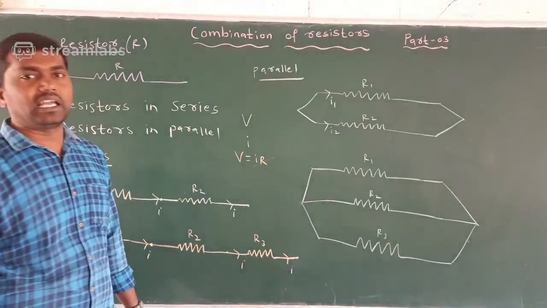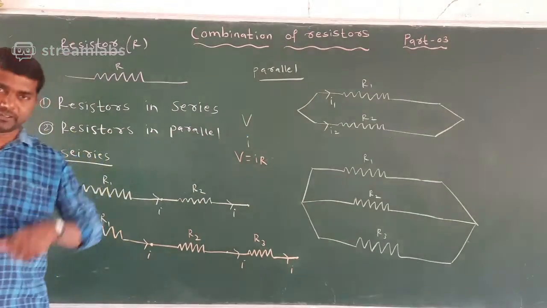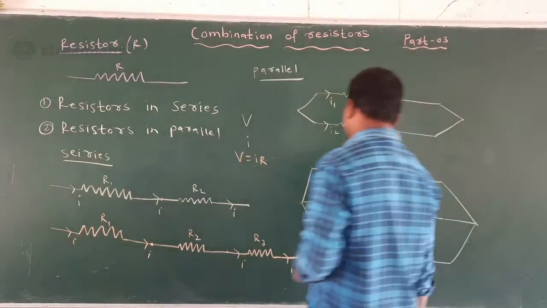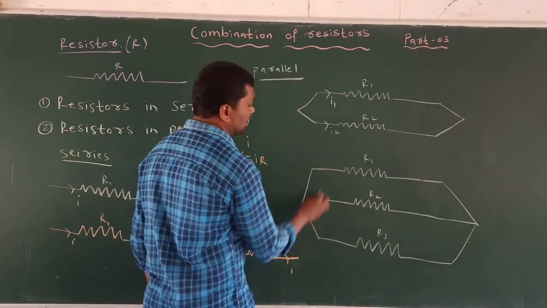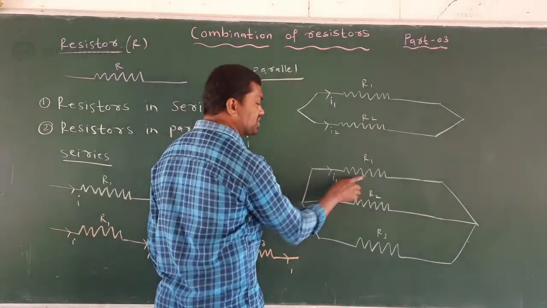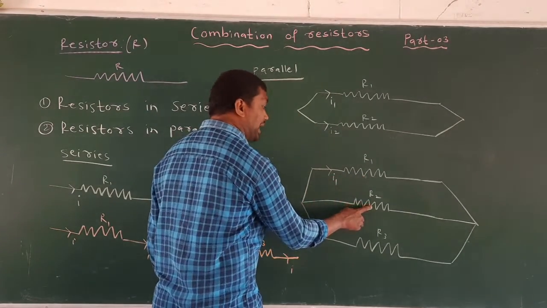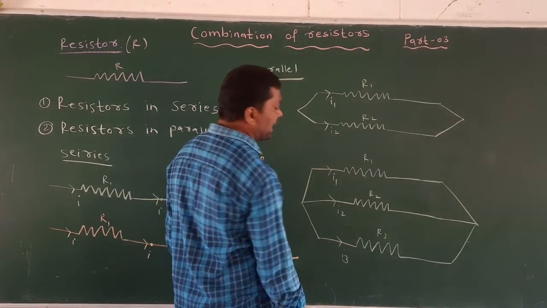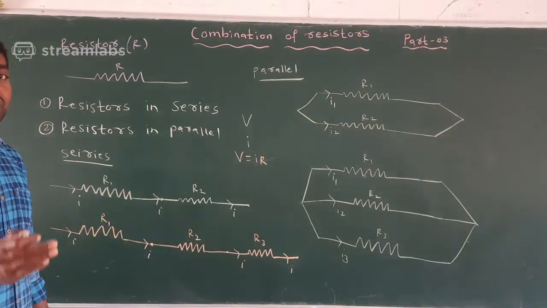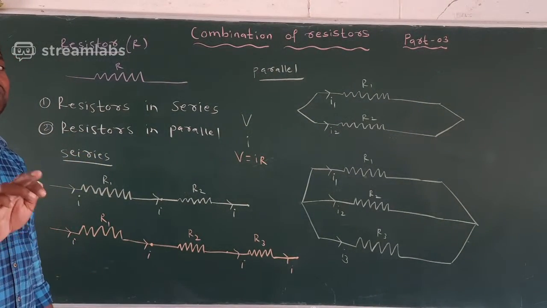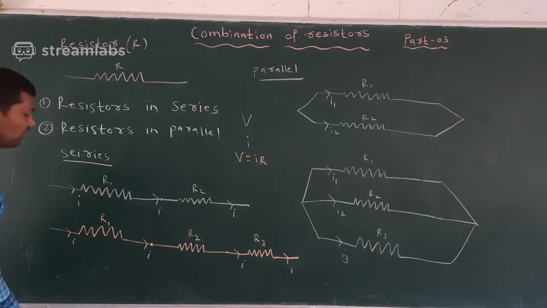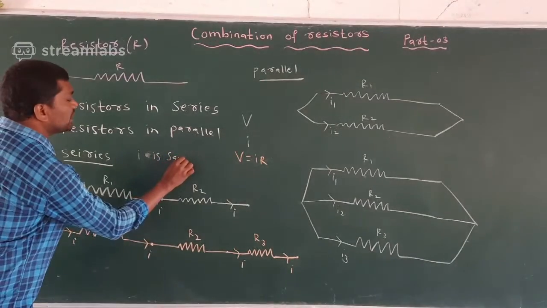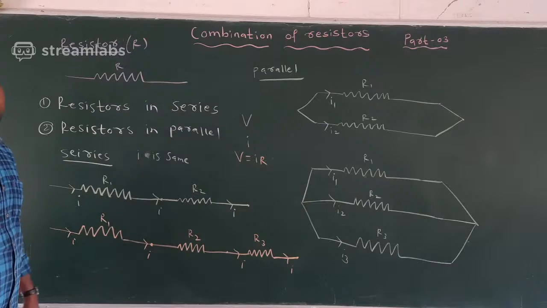The current passed through R1 is I1, through R2 is I2, and through R3 is I3. So in the case of series combination of resistors, the electric current I is the same.